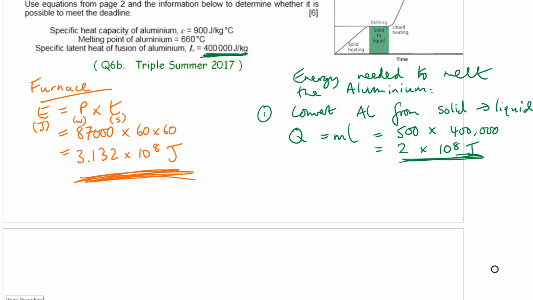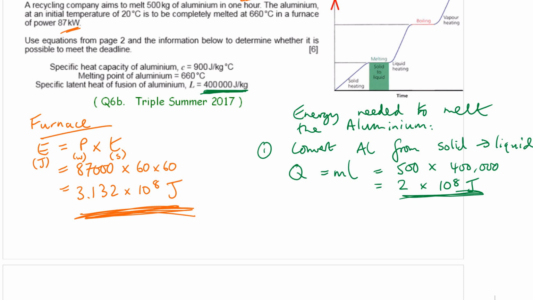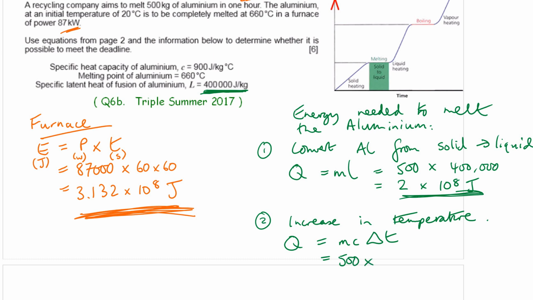Now we have to deal with the change in temperature, of course. This is the increase in temperature of said aluminium, and that equation is the specific heat capacity equation. So the mass is 500, the specific heat capacity of the aluminium is 900, and the change in temperature is, well, it started at 20 degrees, you've got to get it up to 660 degrees.